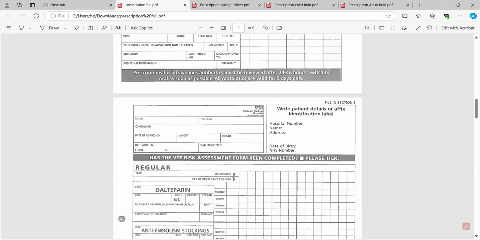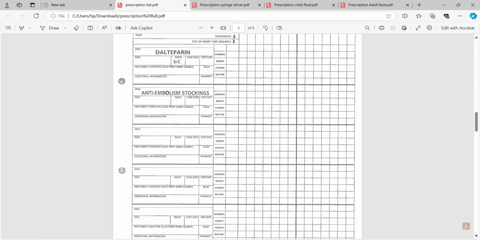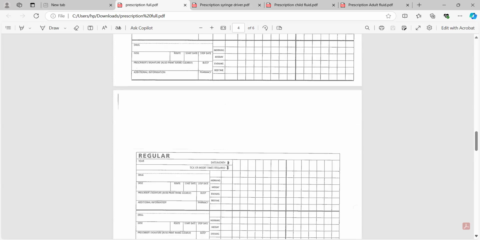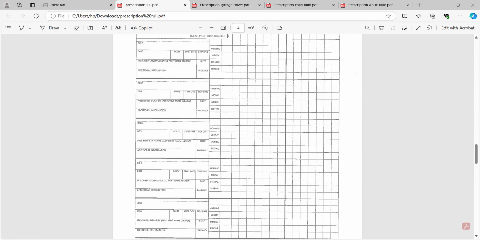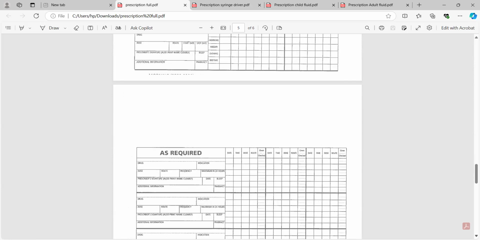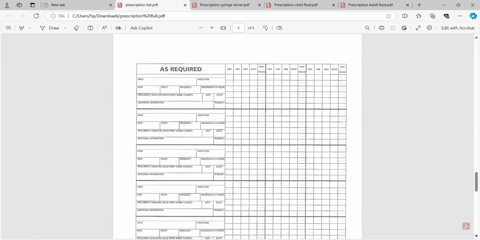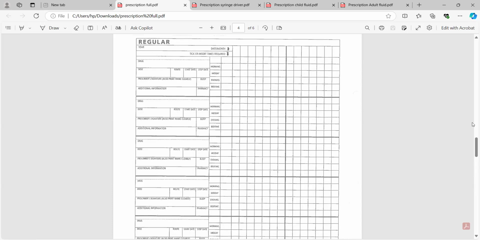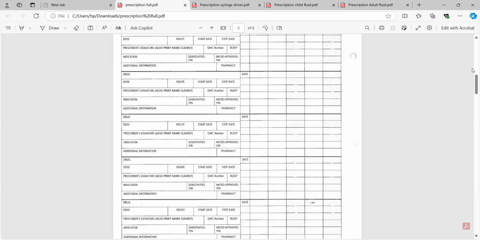On the third page, this is regular medication, which is usually more in quantity, so they keep two pages for regular medication. And at the end is the as-required or PRN sheet. You have to write the PRN medication on this chart. So let's start from the beginning.